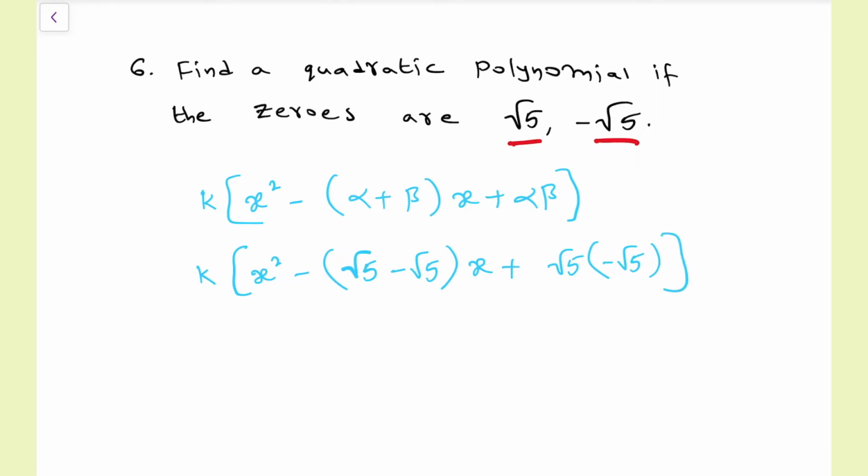Root 5 minus root 5 cancel, so we remain with 0x. Next, plus into minus is minus. Then root 5 into root 5 is 5.